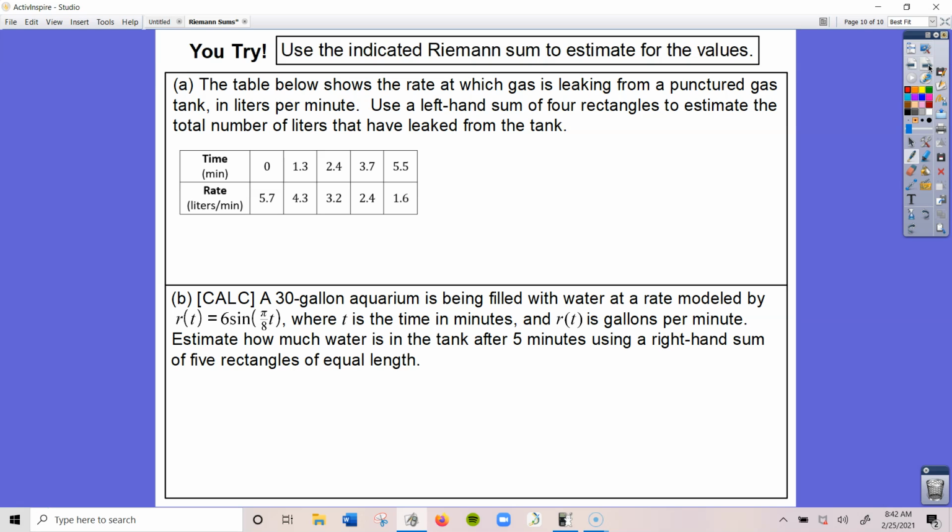So whenever we integrate a rate, the answer is the amount of something. So since we are integrating a rate here, liters per minute, when we integrate it, that gives us the amount of liters that have leaked. So let's see how we can work this out.